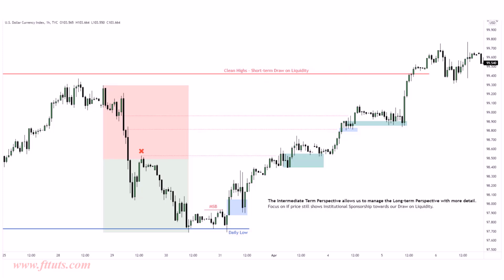And how we do that is we focus on if institutional sponsorship still remains bullish. So institutional sponsorship again is supports holding, resistance breaking. We want to see that continue bullishly if we have a bullish level from the long-term perspective here.